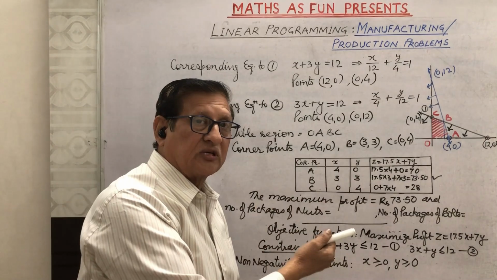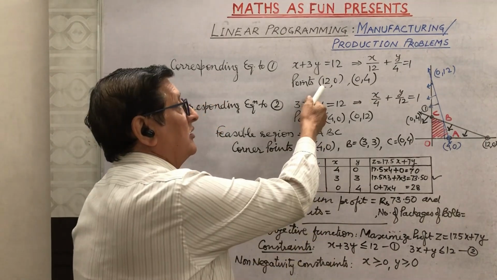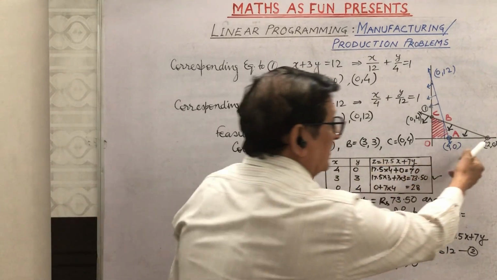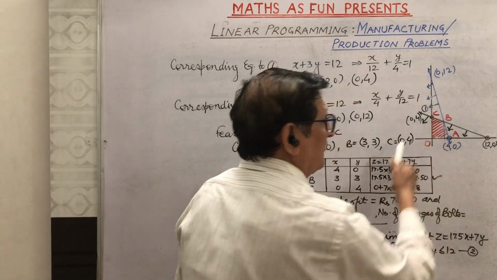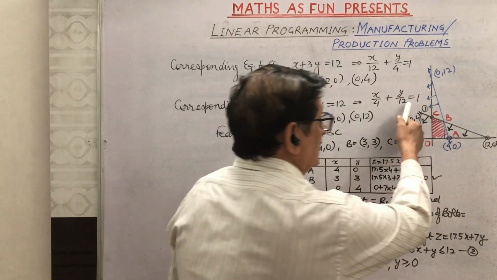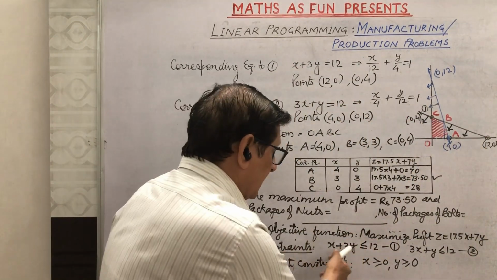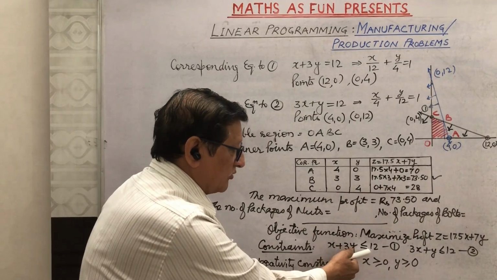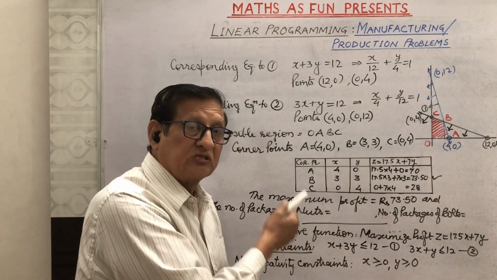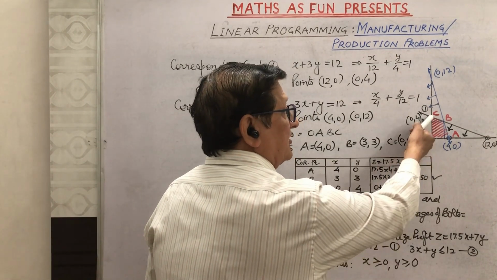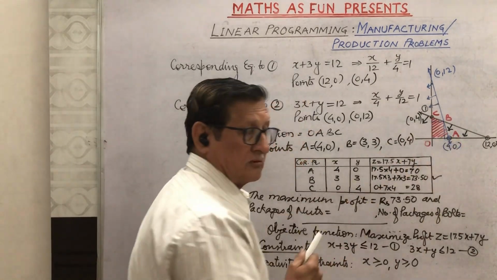The points of intersection on the x and y axes are (12, 0) and (0, 4). We plot the points (12, 0) and (0, 4) and join the line for this equation. For the inequality, we find 0 plus 0 is less than or equal to 12. It means the origin satisfies the inequality, so the origin lies in the region of solution of this.